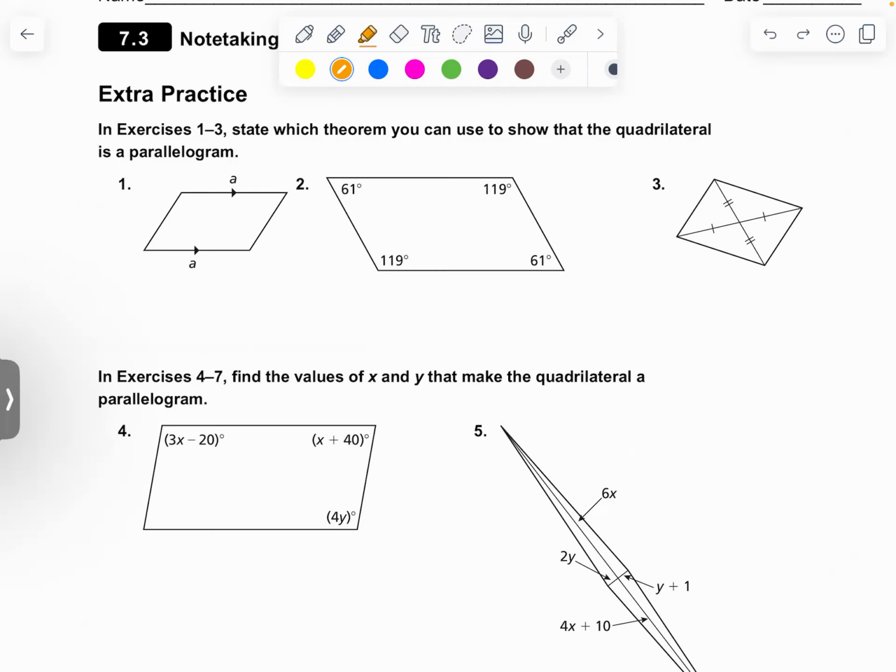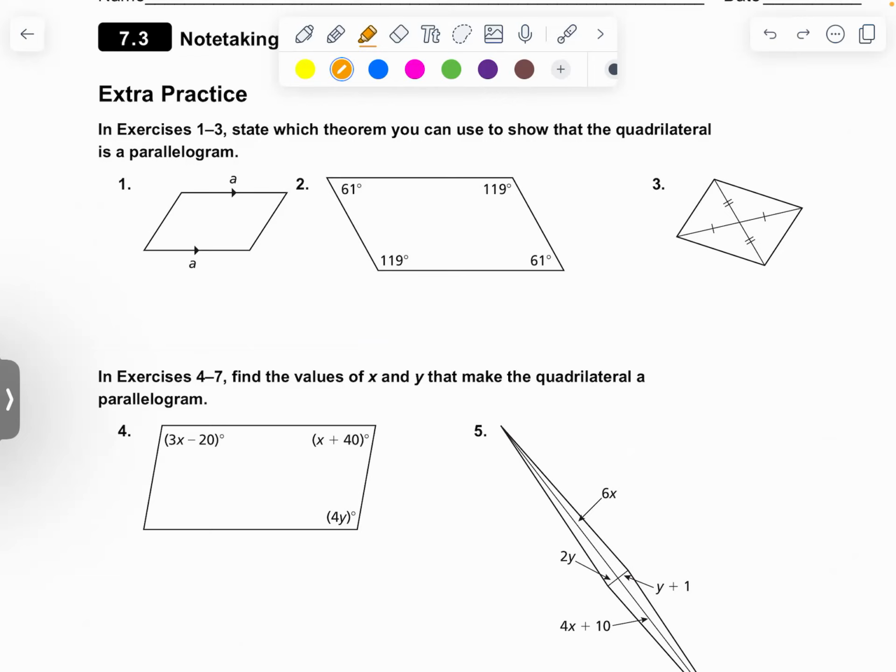And then 3 is... Two, yes. First one's no, yes. Yes, yes. Wait, what? Yes, yes, no.